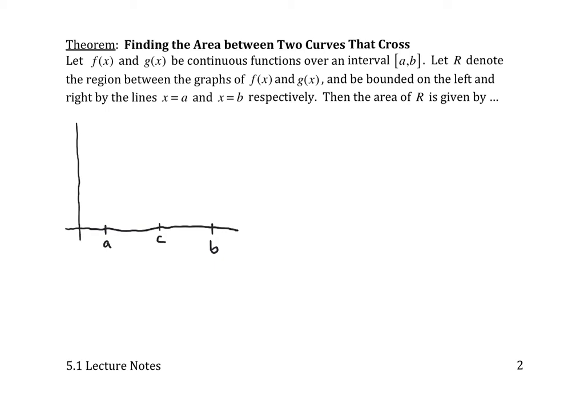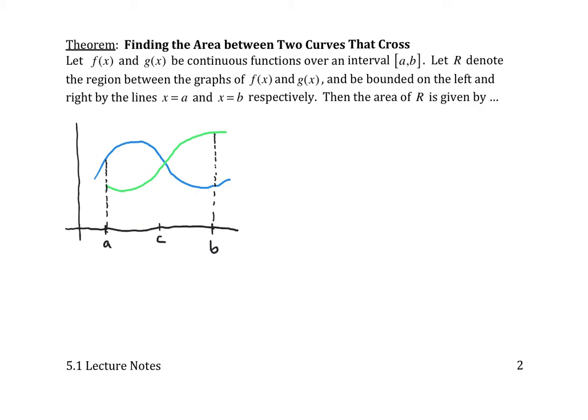So I'm going to have one function look like this. Let's have a second function that looks like this. And let me clearly indicate my regions of integration. So we're going to integrate from A to B like this.